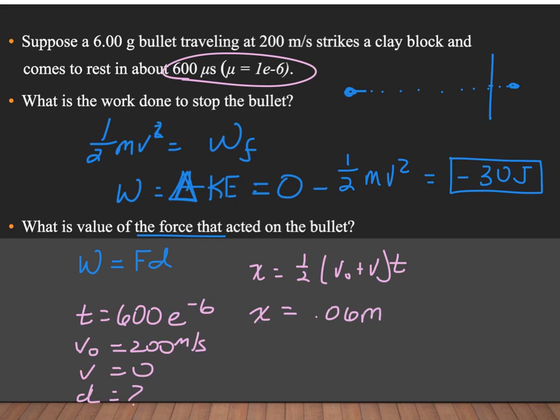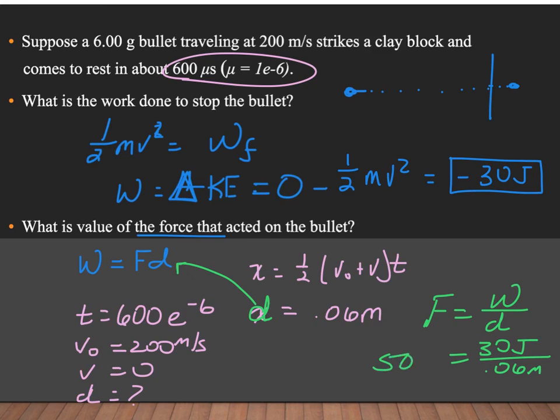Once you have that, that just goes right into your work equation, so that force is equal to the work done over the distance, 30 joules divided by 0.06 meters, gives you a force of 500 newtons.